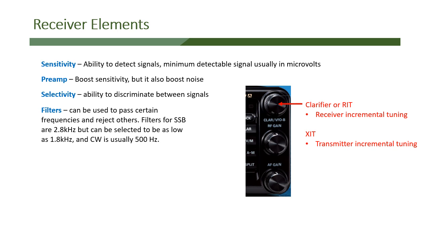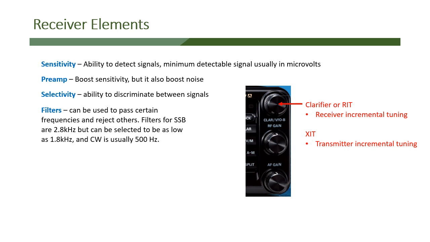If we had a receiver with a selectivity bandwidth of 4,000, we would not only hear the station going from 0 to 3,000, but we'd also hear part of the station going from 3001 to 6,000. Therefore we would hear distortion because we'd hear two different transmitting stations overlapping on each other.